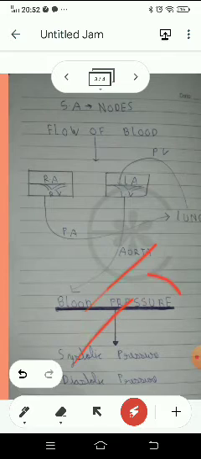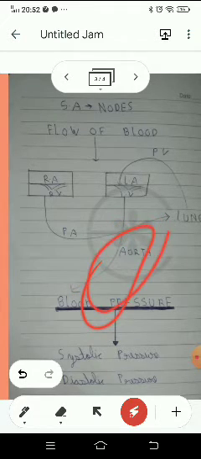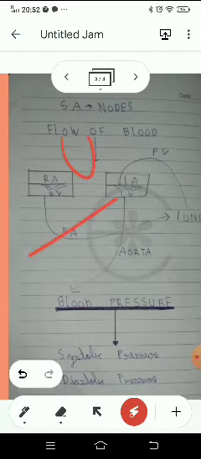Now I will discuss blood pressure. The heart uses some pressure to push the blood into the blood vessels. The force or pressure exerted by the blood against the arterial walls by the heart is known as blood pressure. Blood pressure is of two types, the upper limit and the lower limit.